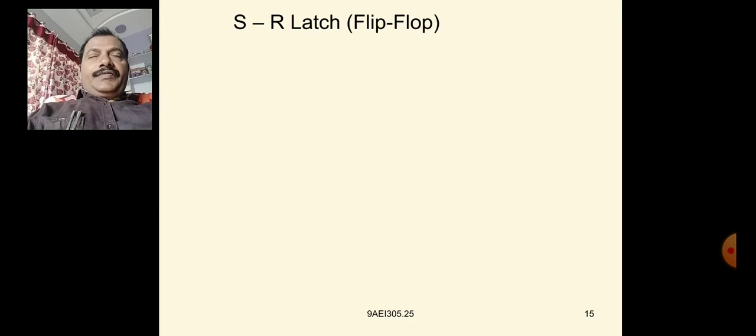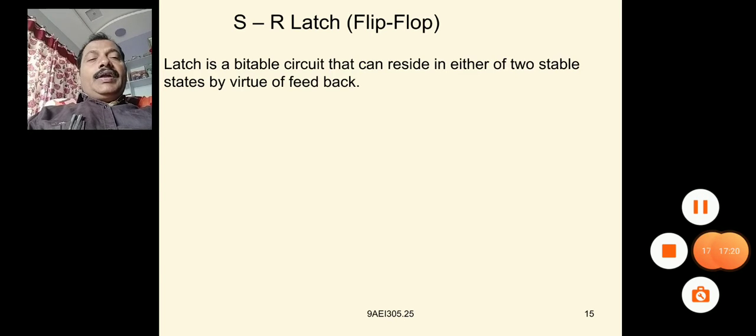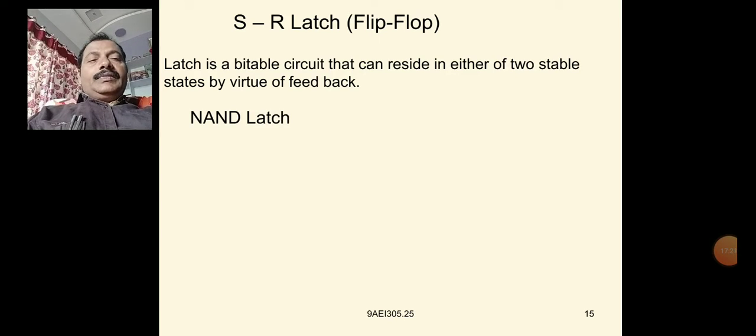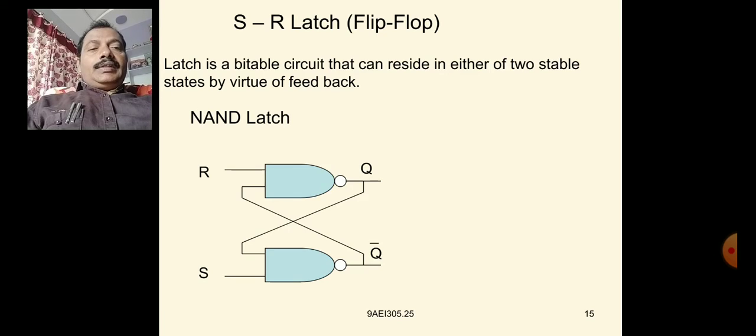Let us first begin with the latch. After the latch, we will discuss the flip-flop. A latch is a bistable circuit that can reside in either of two stable states by virtue of feedback. That is the advantage of the latch. We have two types of latches: one is the NAND latch, another is the NOR latch.